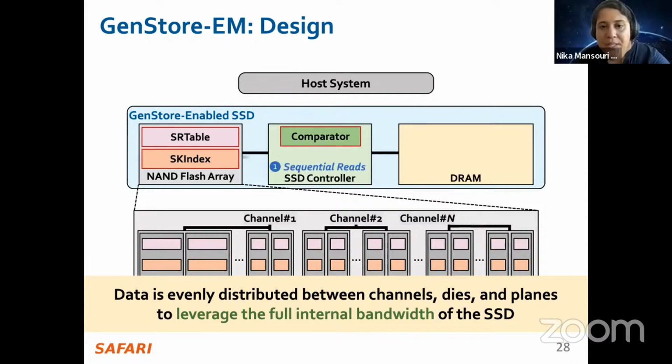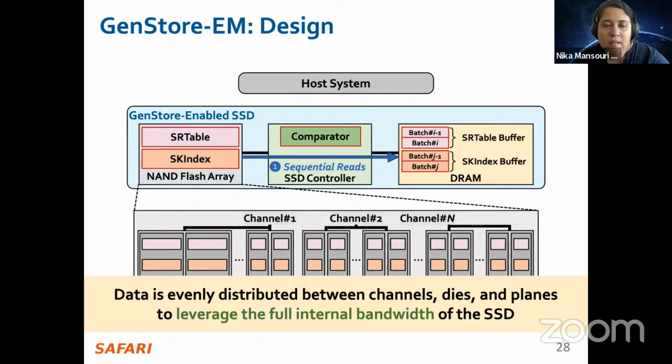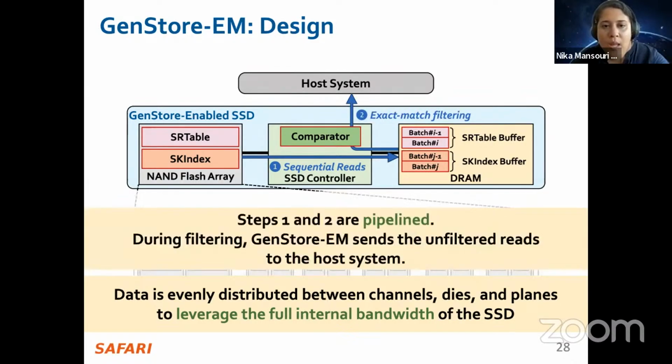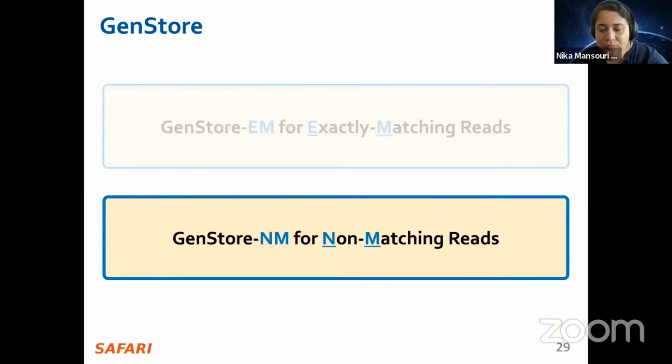Step one reads the two data structures from the NAND flash chips to the SSD's internal DRAM in a batched manner, and stores these small batches in DRAM. And step two performs exact match filtering within each batch using simple comparator logic, and sends the unfiltered data to the host system. So step one and two are performed in a pipeline manner. During filtering, GenStore EM sends the unfiltered reads to the host system for full read mapping.